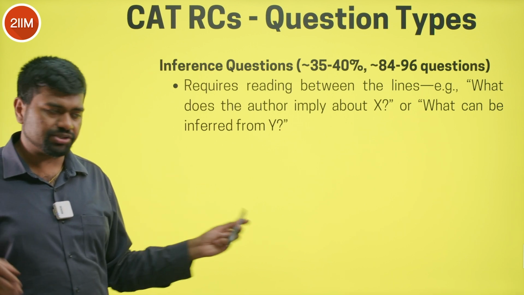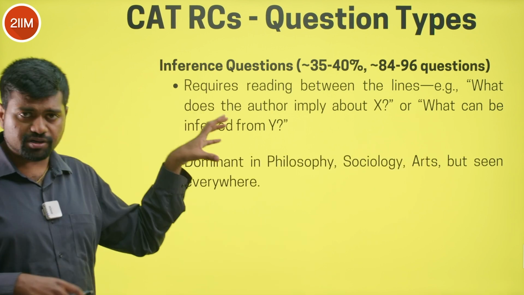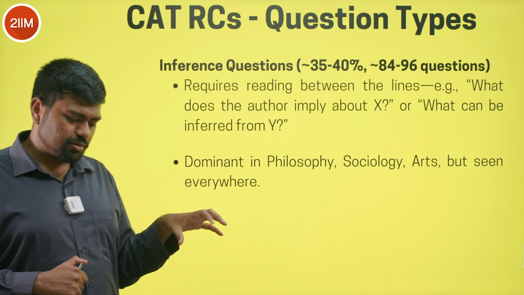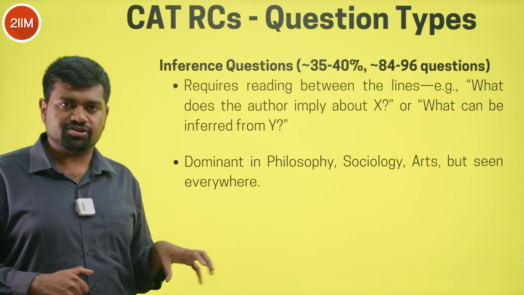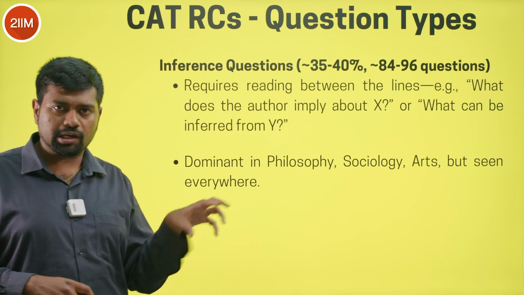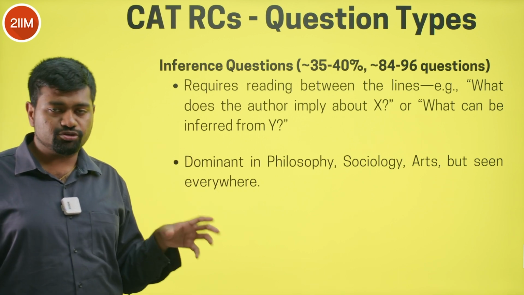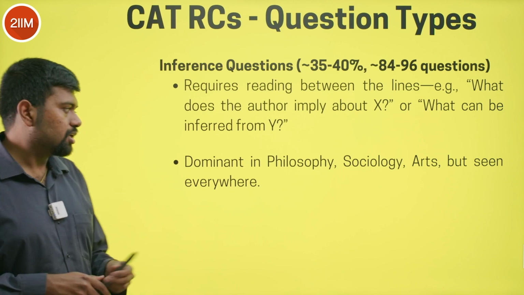And these are all inference questions. These are generally very tricky, and these are often seen in abstract passages about philosophy, art, culture. Abstract notions that are not very easy to understand or easy to visualize.